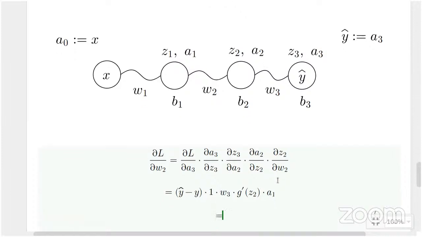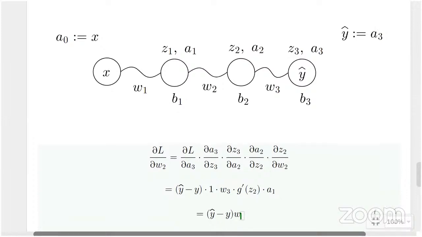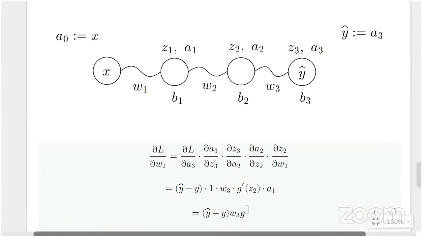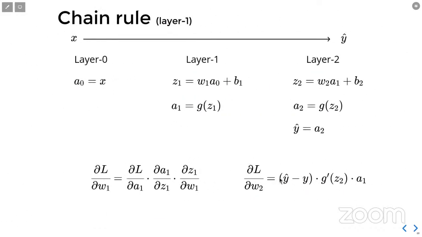Okay, if we simplify it, I just want to make sure that we are consistent with the slides. We are getting this expression: y hat minus y, W3, G prime of A1. Here we don't have a 3-layer thing, so we don't have W3.